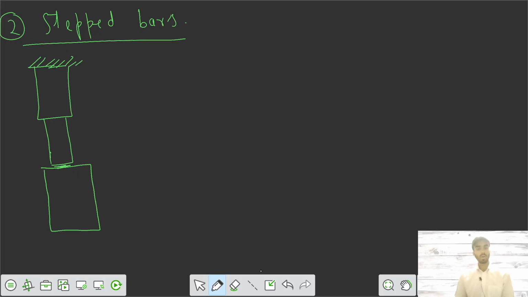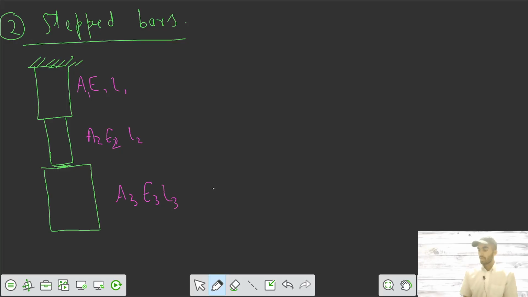These bars are hanging. You have different cross-sectional areas: A1, E1, L1; A2, E2, L2; A3, E3, L3. The material is different, so the elasticity is different, as are the lengths and cross-sectional areas.